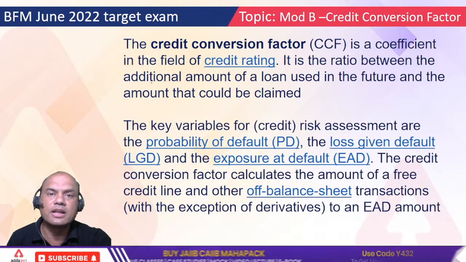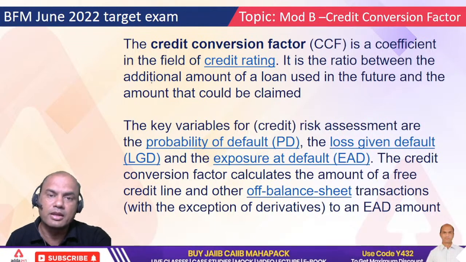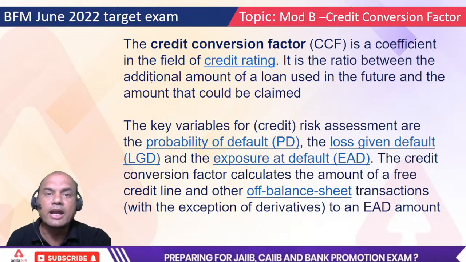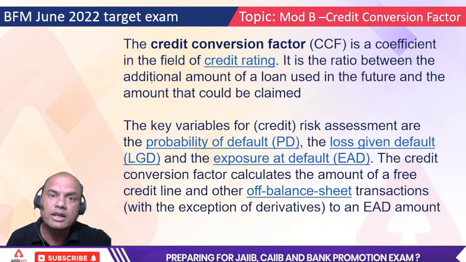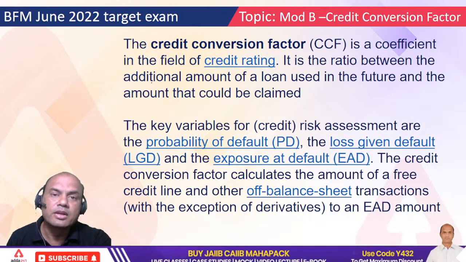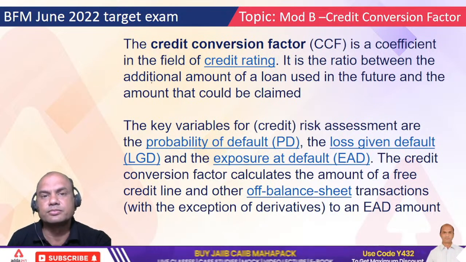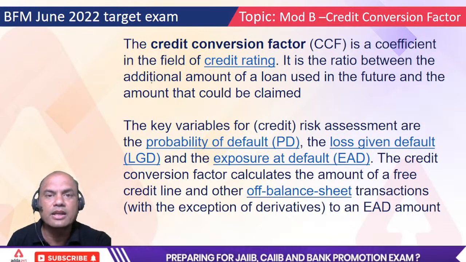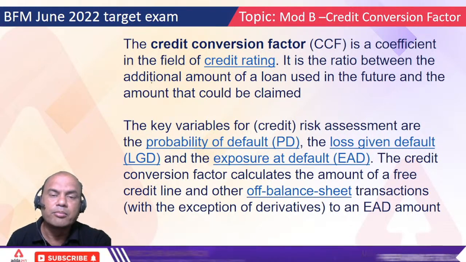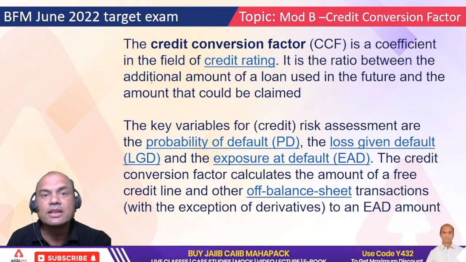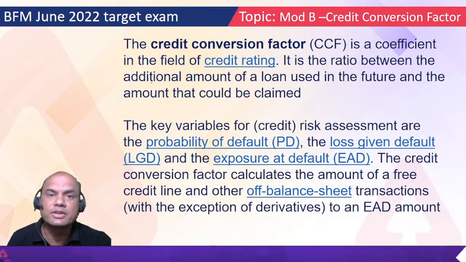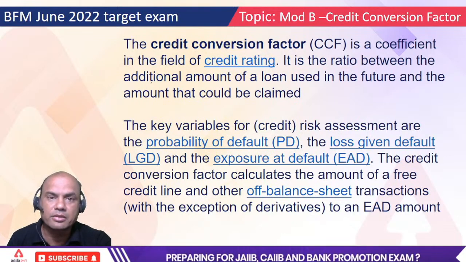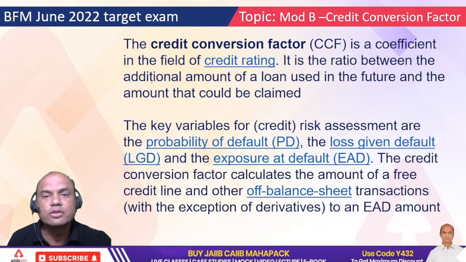When that contingent liability comes on me, meaning when I'll have to pay for that, what that conversion factor will be is known as CCF. Right now I've given you a guarantee. That guarantee has not come to me for payment. But if it comes, then the percentage, the capital which I have to keep for that part using probability calculations, is known as CCF.